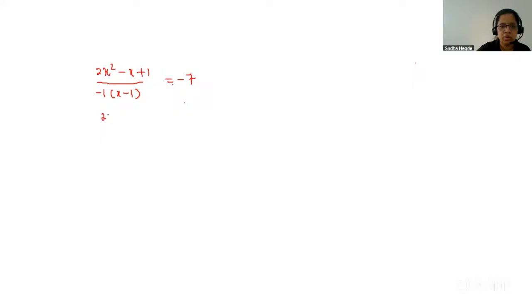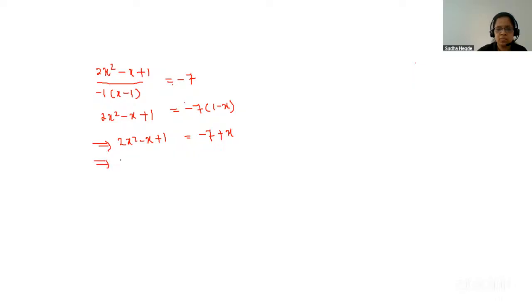So it is 2x square minus x plus 1 equals minus 7 into (1 minus x). Correct? This implies 2x square minus x plus 1 is equal to minus 7 plus 7x. Is that correct?